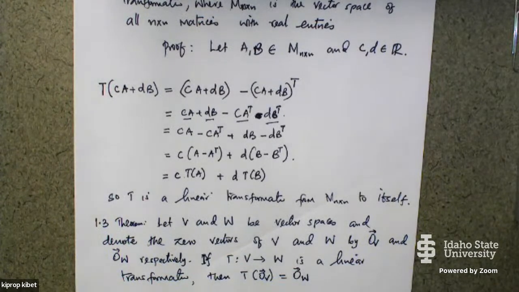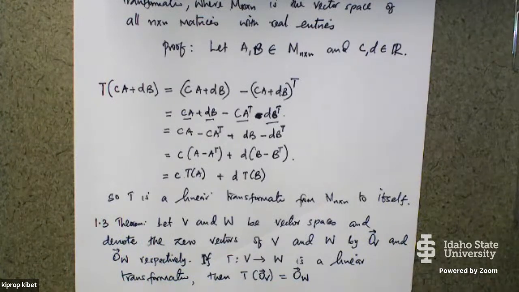So if this is the zero vector of V, then 0W is the zero vector of W. The transformation of the zero vector is also equal to the zero vector of W.